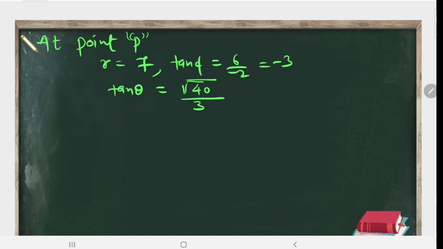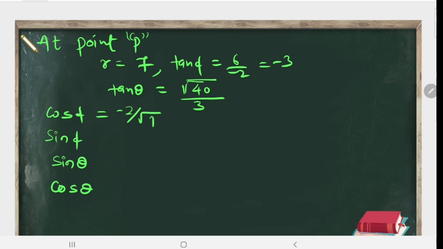So you have to calculate the values of cos phi, sin phi, then sin theta and cos theta. Cos phi is minus 2 upon under root 40, sin phi is 6 upon under root 40, sin theta is under root 40 by 7, and cos theta will be 3 by 7.